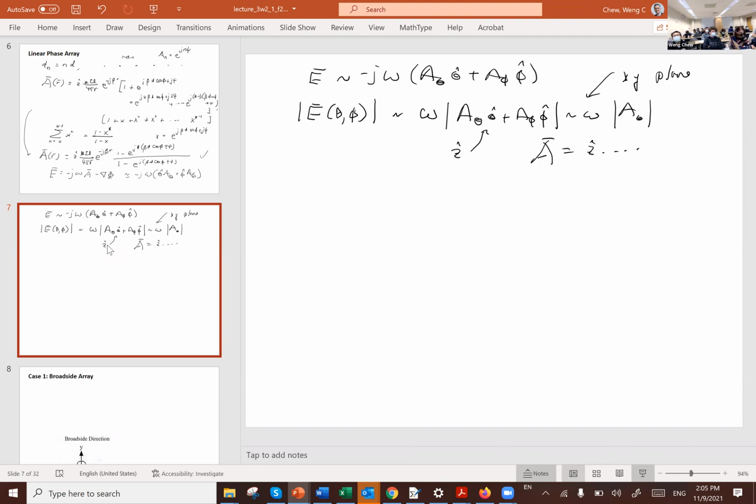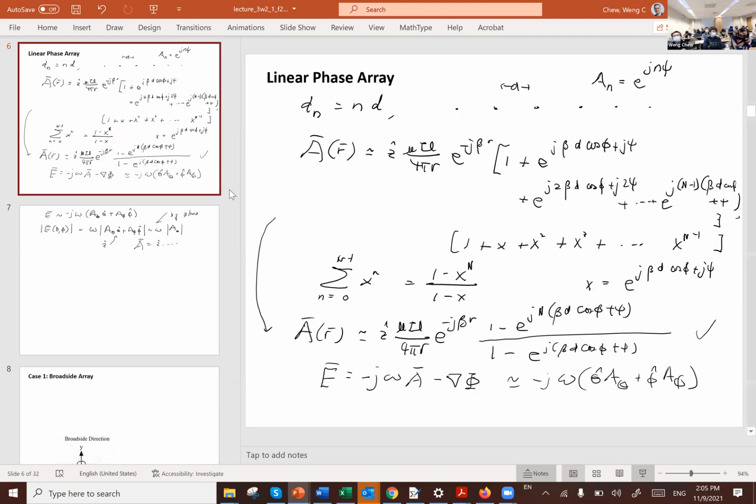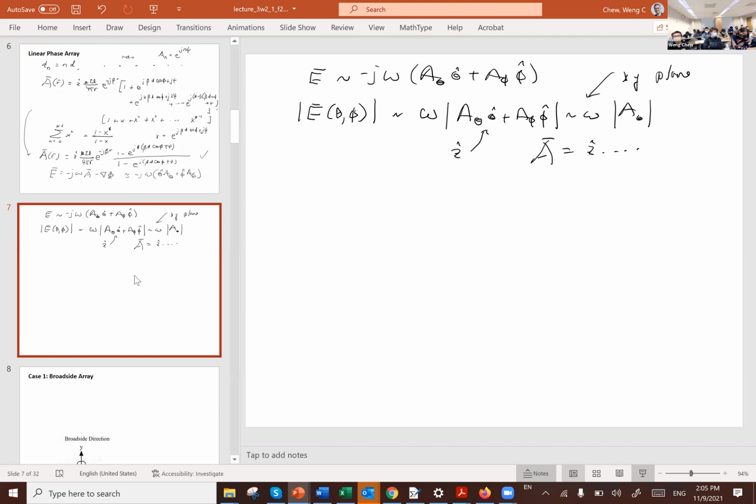So you can work this out. You go back to your previous expression here and take the theta component of this. That's quite easy to do. If you have a unit vector, you work that out, and then you will find that there is a sine theta in that, but we are on the x-y plane, so that sine theta is 1.